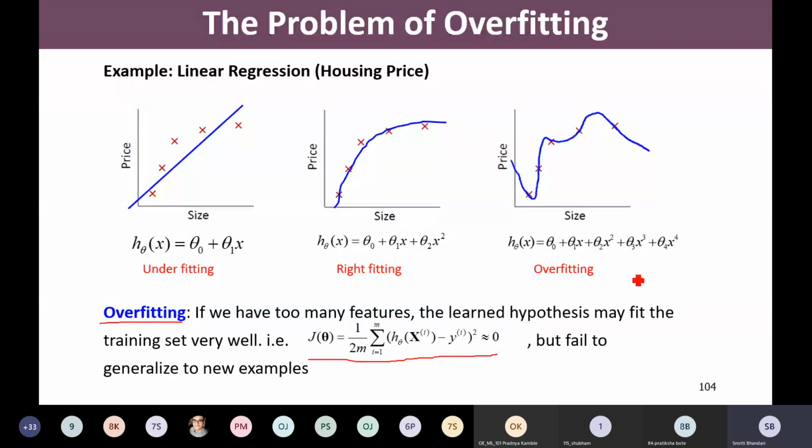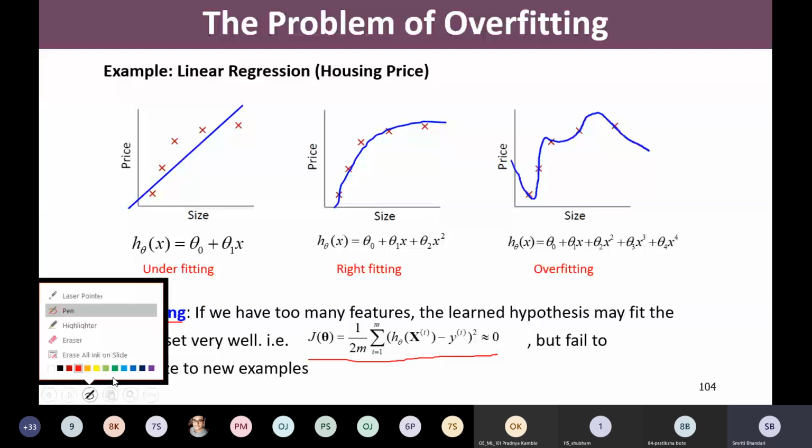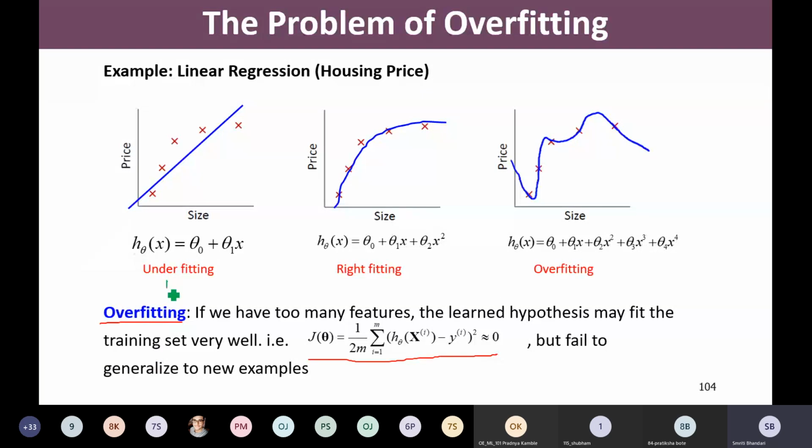Okay. Now, one more point I would like to mention here. Whenever our model is underfitting, we say that it is having high bias.